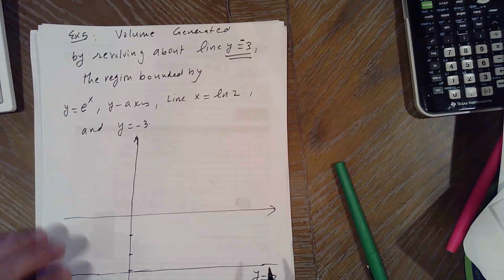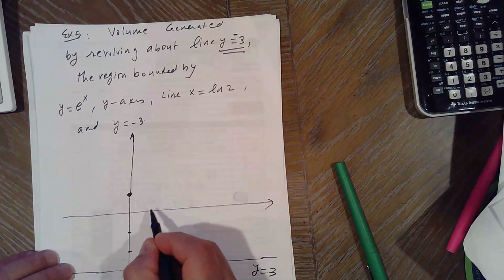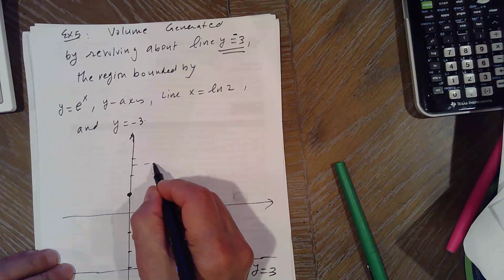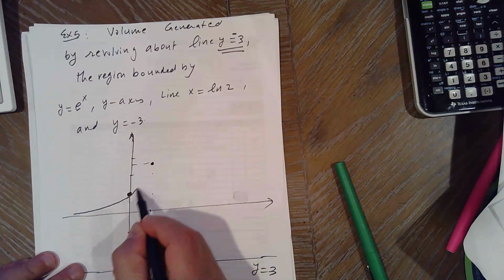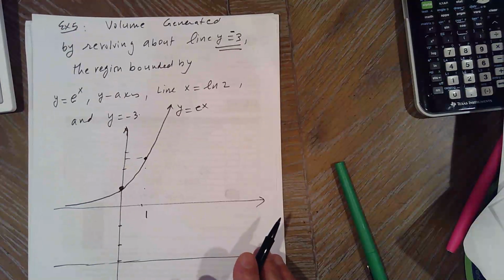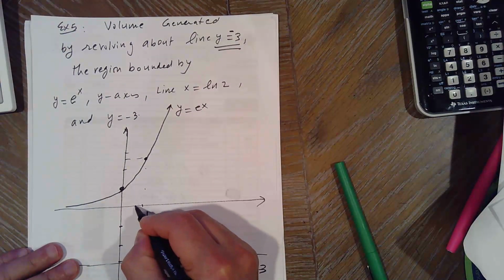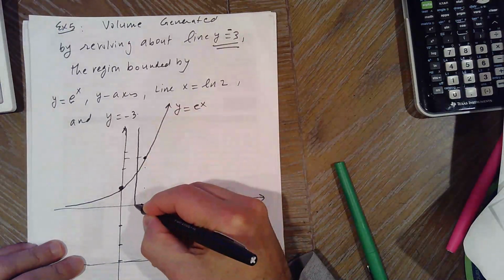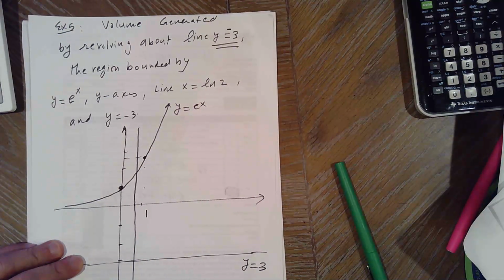Y equals e to the x, e to the 0 is 1, e to the 1 is e, which is roughly 2.7. This is 1. You get something like this. And x equals ln of 2, ln of 2 is roughly 0.7.